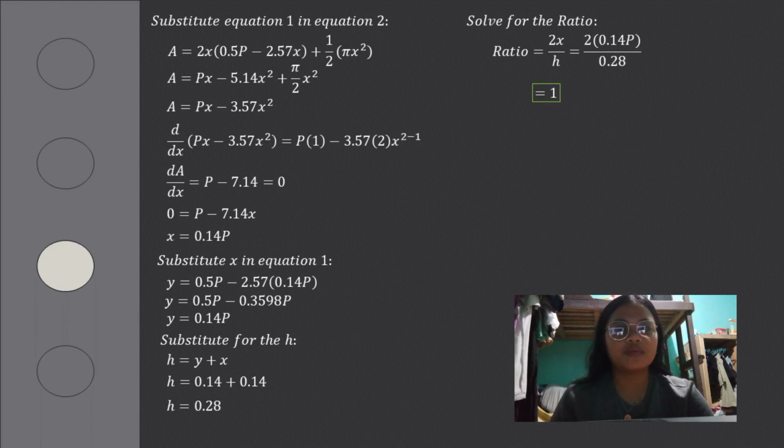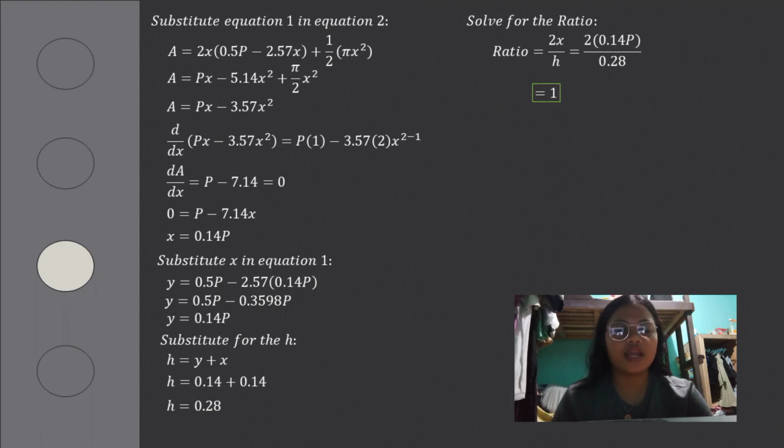So, A will be equal to Px minus 3.57x squared. So, we need to find the d over dx here. D over dx of Px minus 3.57x squared equals P minus 3.57 times 2x. So, the dA over dx is equal to P minus 7.14x equals 0.